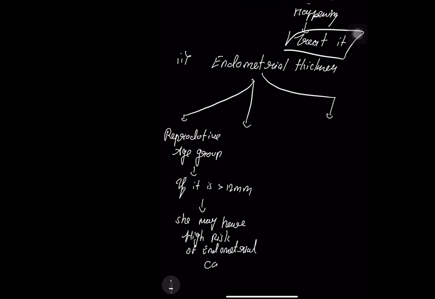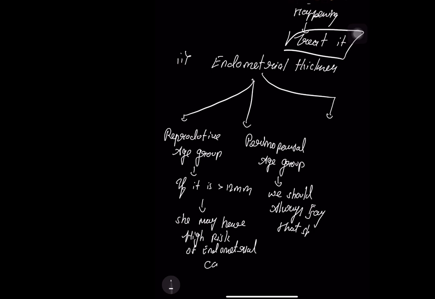And if she is in the perimenopausal age group, we should always say that she has a high risk. And if she is menopausal, if it's more than 4 mm, she has a risk of carcinoma.